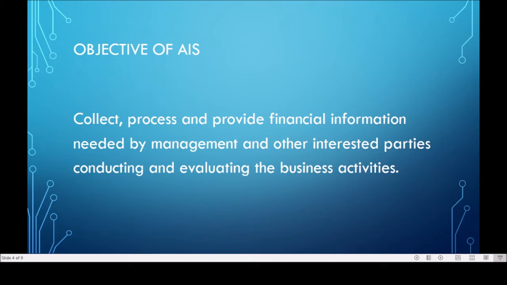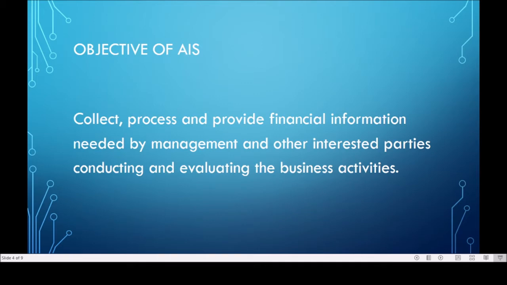Next, the objective of accounting information system. Okay, what is the objective of accounting information system? It collects, processes, and provides financial information needed by the management and other interested parties in conducting and evaluating the business activities. Considering this is an information system, to be specific, an accounting information system, this information system collects data and processes those data in order to provide financial information.